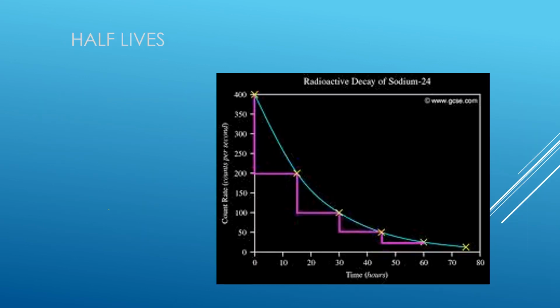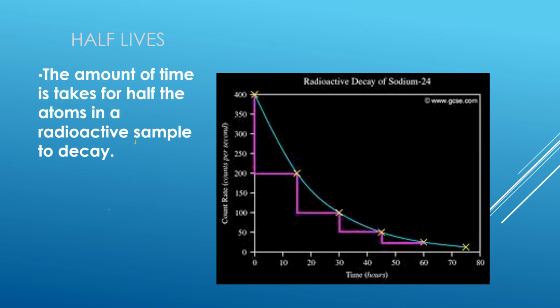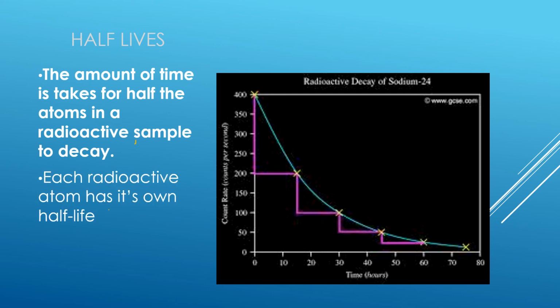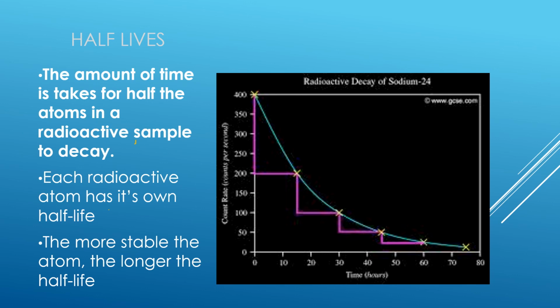Half-lives. A half-life is the amount of time it takes for half of the atoms in a radioactive sample to decay. So if we start out, I'm looking at this graph here, with it looks like 400 atoms in a sample, and this is sodium-24, how long does it take for half of those atoms to decay?